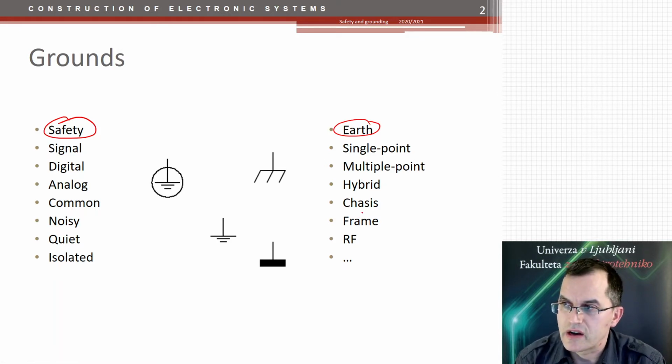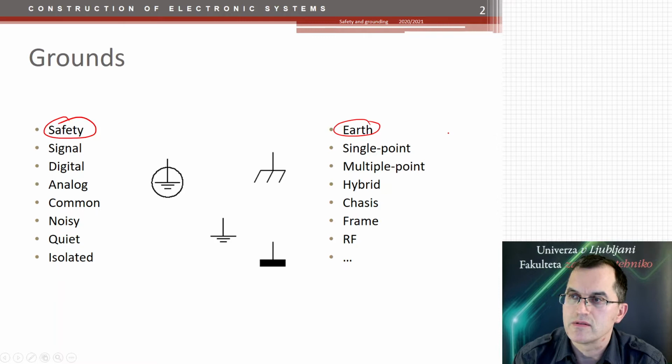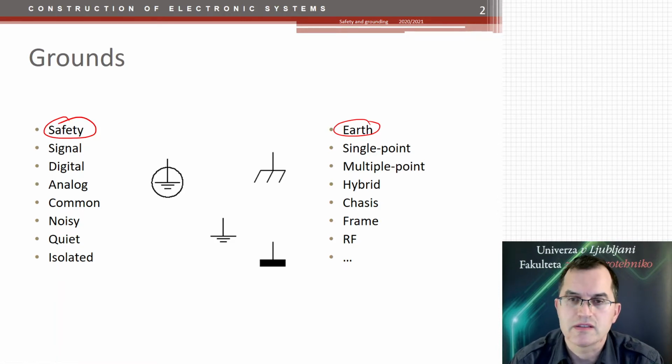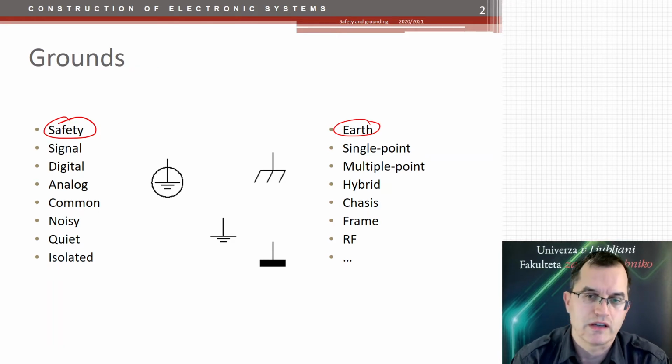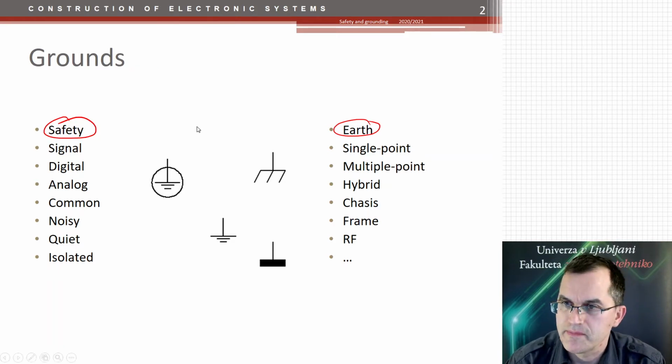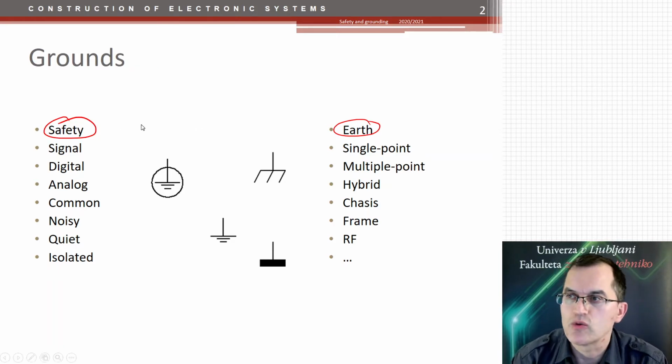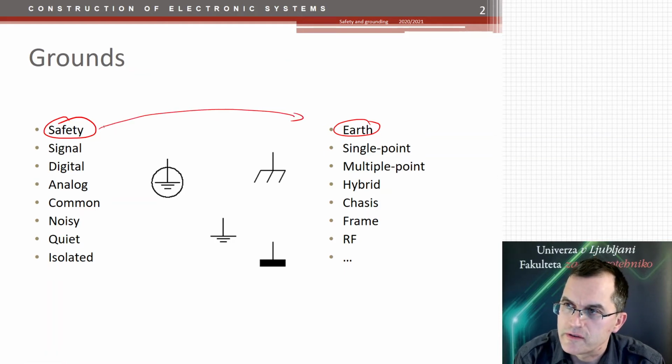And we can ground to the chassis or to the frame of the device. Or we can also have radio frequency grounds. So all that are different grounds, and it's good to know what kind of ground we are talking about each time. So today we will talk about safety grounds, which is very related to the earth.